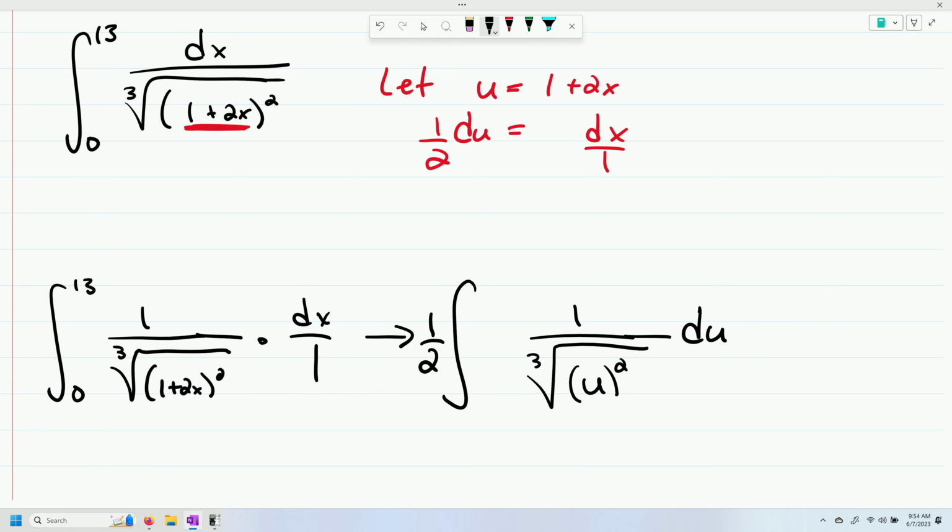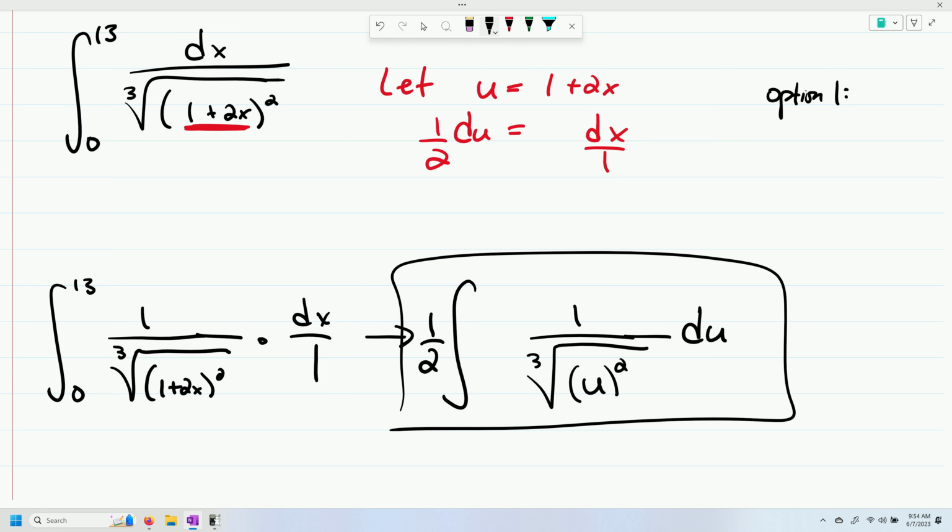All right, so that's looking pretty good. But the big question becomes, what do I do with the limits of integration? And the answer is, you have two options. All right? Option 1, you would just go ahead, you would integrate this, you would then convert back into x, just like we did up here. Let me show you.